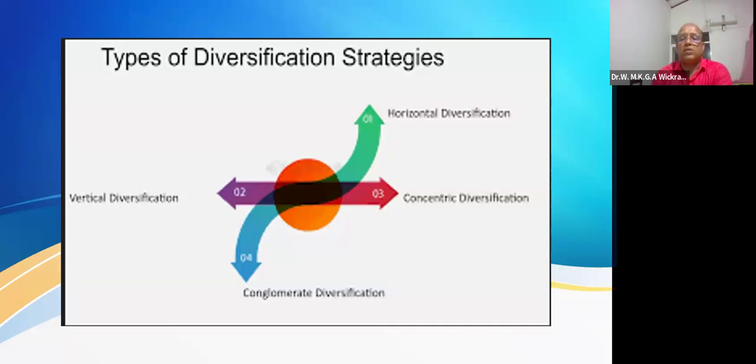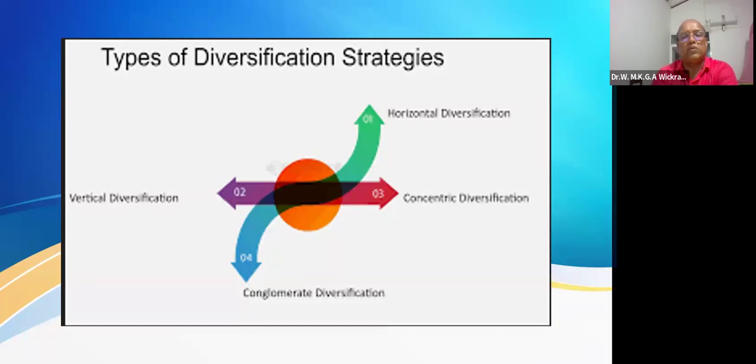So now we have mentioned all these: horizontal diversification, concentric diversification, vertical diversification, conglomerate diversification. I have told you many times, conglomerate means an insurance company, whatever company you say, all under one umbrella. We have John Keells conglomerate. They have a bank even.